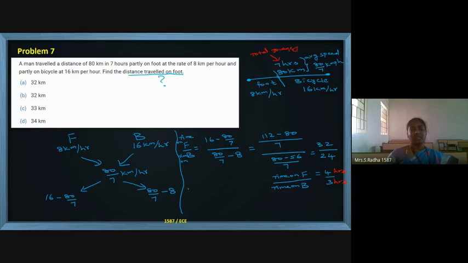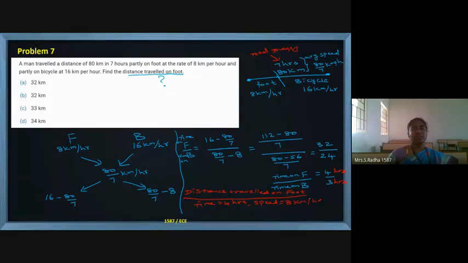So we want only the distance traveled on foot. We know the time taken, and the speed is given in the question itself. On foot, he was traveling 8 km per hour.